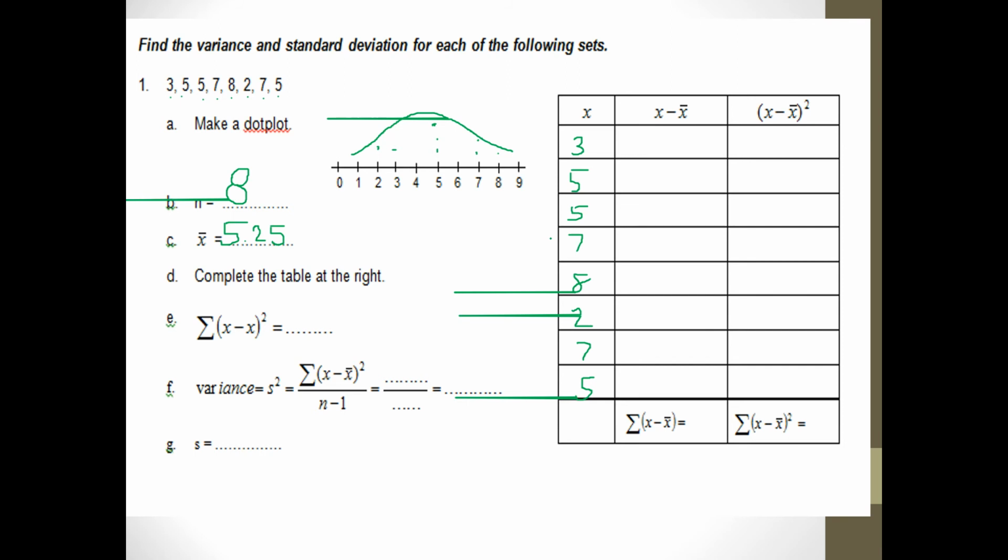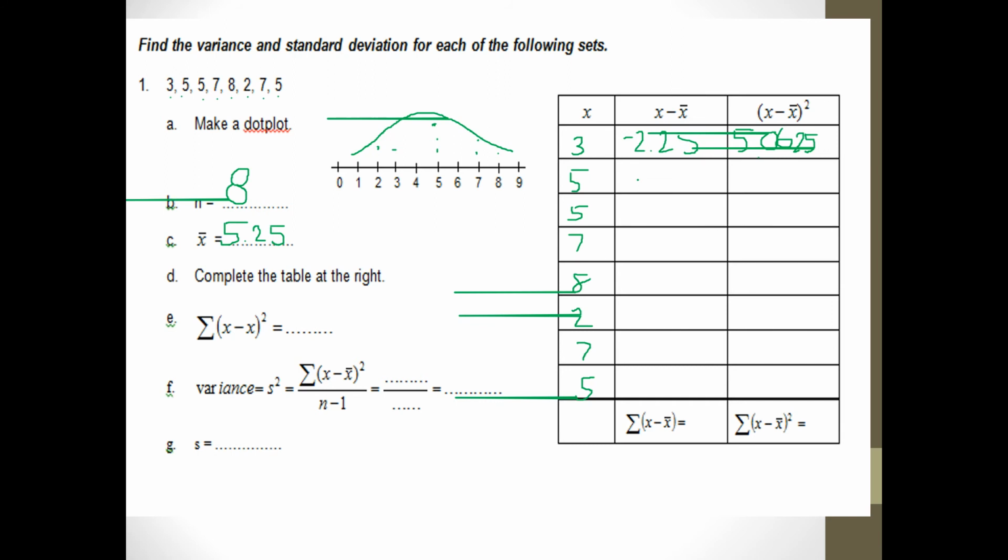So I'm going to do 3 minus 5.25, and that's going to give me negative 2.25, and I'm going to hit square on my calculator. Now remember, a negative times a negative should be a positive, and my answer over here is going to be 5.0625.